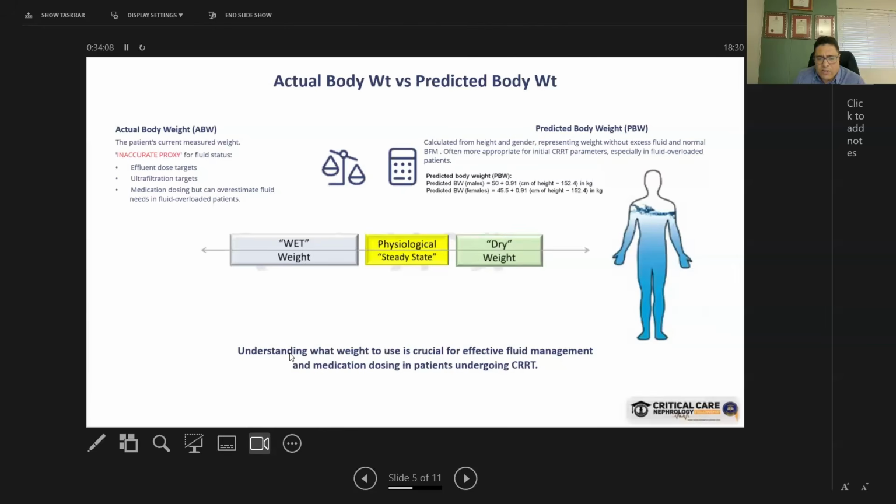This is quite a crucial topic and will be discussed in more detail when we do our crash course in a few weeks' time. Understanding what weight to use is a crucial point in doing effective fluid management and medication dosing in the CRRT patient.